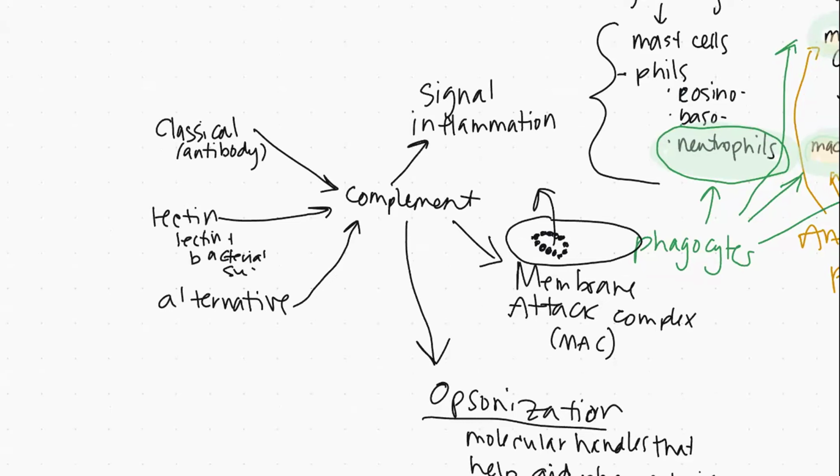And then the alternative pathway is activated by repeating patterns, kind of like PAMPs. So this will be things like LPS or endotoxin. These things will trigger the activation of the complement pathway, and the complement pathway can signal inflammation. It can lead to the membrane attack complex, or it can lead to opsonization.